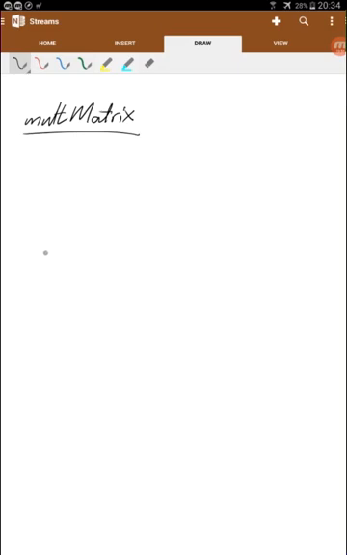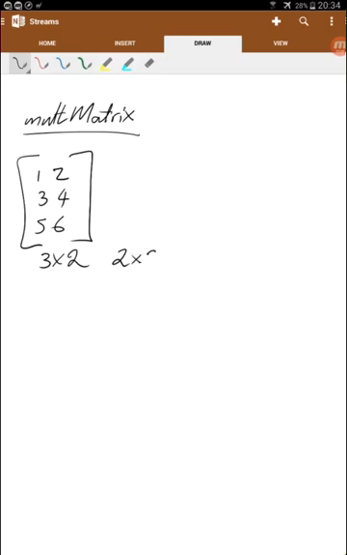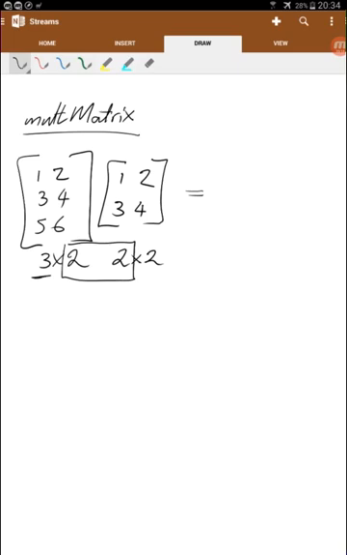If we have a 3 by 2 matrix, say 1, 2, 3, 4, 5, 6, and we multiply that by a 2 by 2 matrix, 1, 2, 3, 4, we know that the output size of this matrix will simply be the number of rows in the first matrix by the number of columns in the second one. So we know that our output matrix will be 3 by 2.